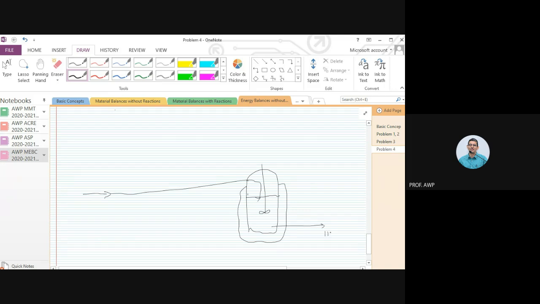This is going at 117 degrees centigrade. This is steam at 137 degrees centigrade. This is water at 137 degrees centigrade. I have three hot sources. I have this hot source, this hot source, and this hot source. And I have seawater coming in at 30 degrees centigrade.